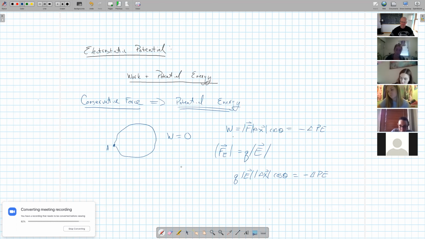Now, for our purposes, it's much more convenient instead of working with potential energy, which in this case would be the electrostatic potential energy, to define a new quantity, which is known as the electrostatic potential. Okay? And the way we do that is we say that this is actually equal to minus the charge times the change delta V, where delta V here is what's known as the electrostatic potential.